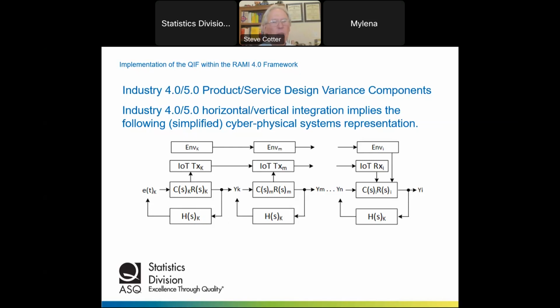So in this we have the environment ENV from K to M, and finally the environment. This is both the internet environment and the physical environment. We have the actual IoT transfer, that's the TX. We have the actual interconnected basic input, or bounded input, bounded output problem.